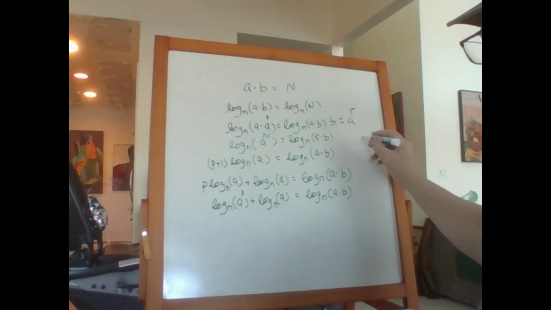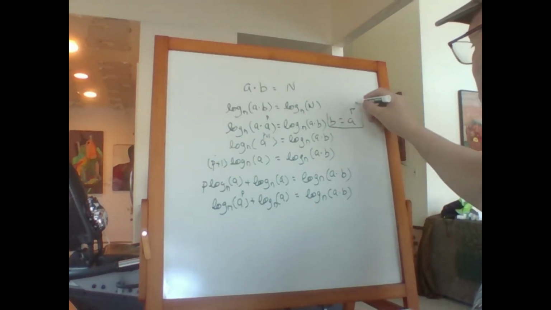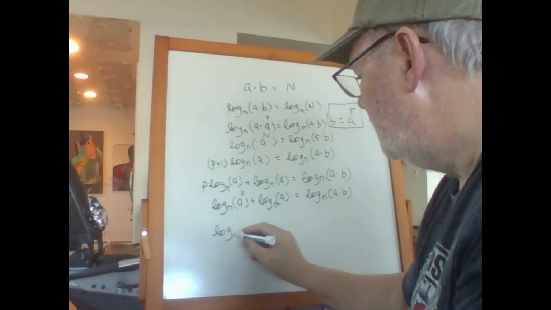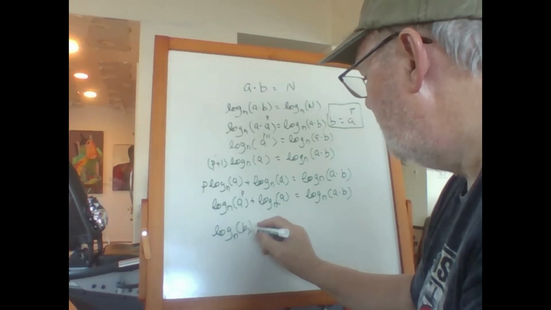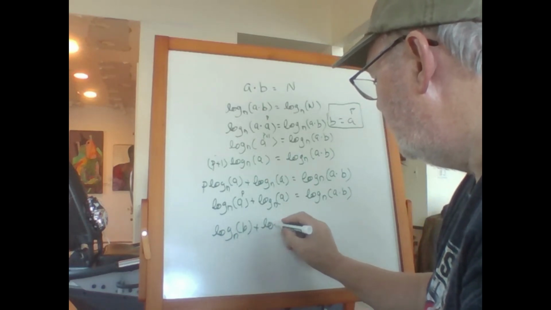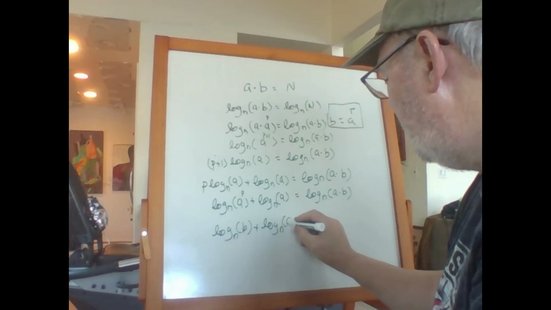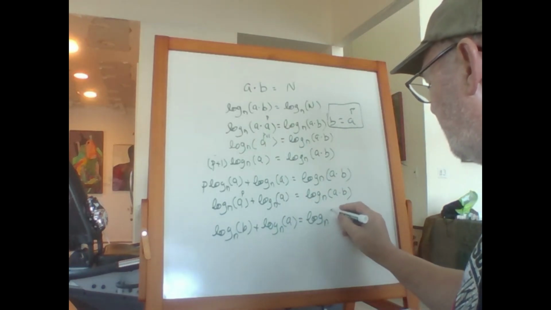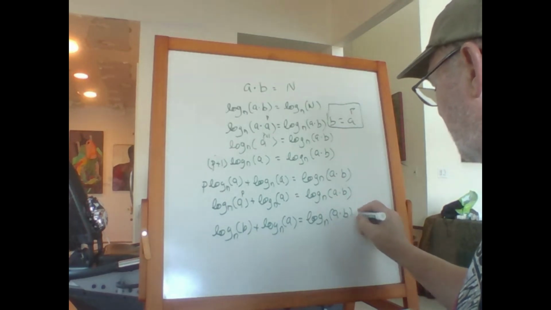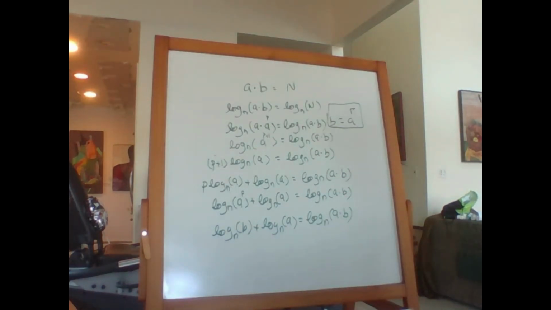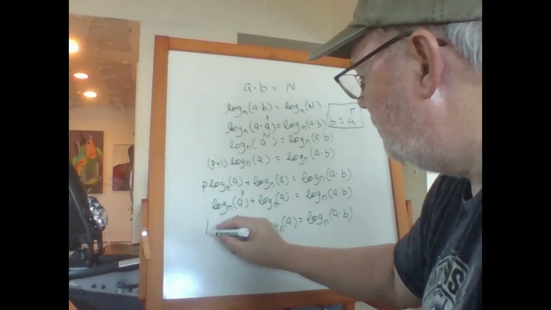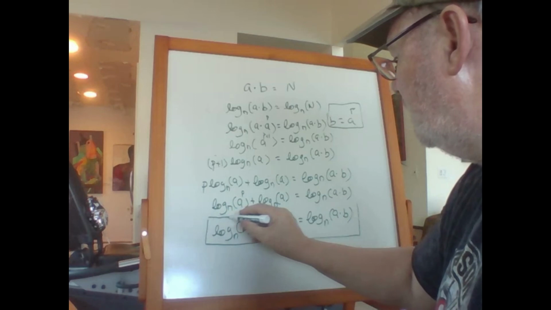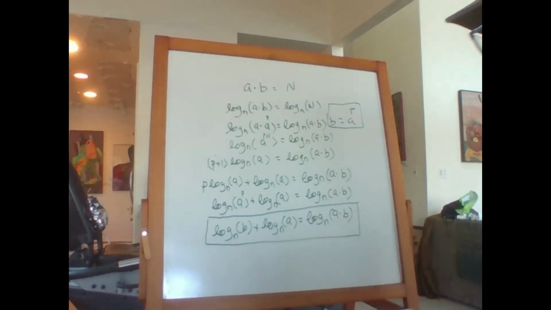But a to the p is b. So we have log n b plus log n a equals log n of a times b. So now we've just proven a very important rule in logarithms.